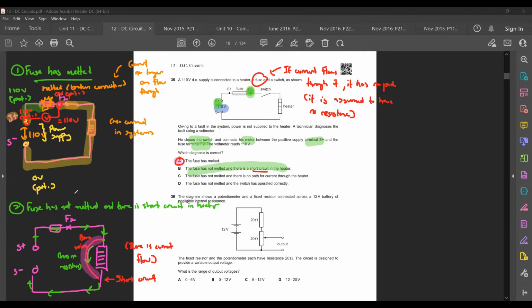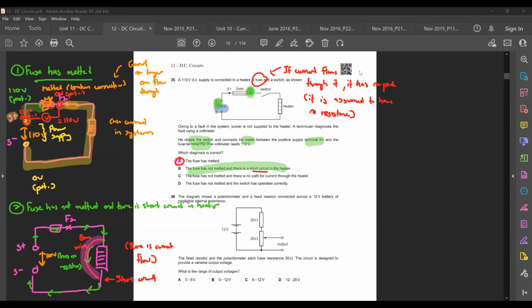Okay, so right now, if I just want to look at my circuit, and I see that this one is say 110 volts across my power supply, there is actually no way where I can have changes in electrical potential. There's no way that my current purposely flows where there are changes in electrical potential.